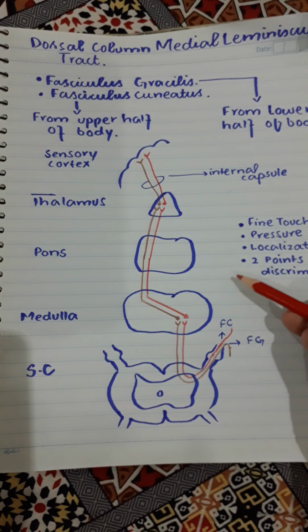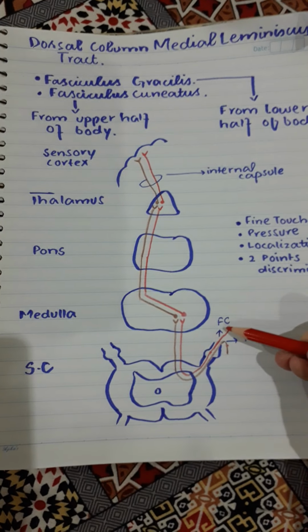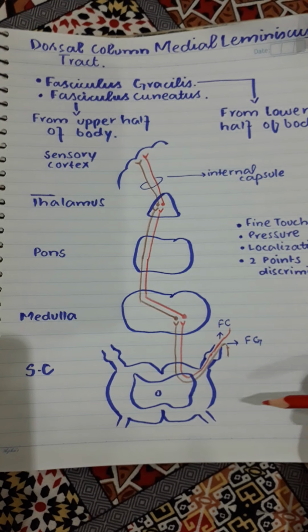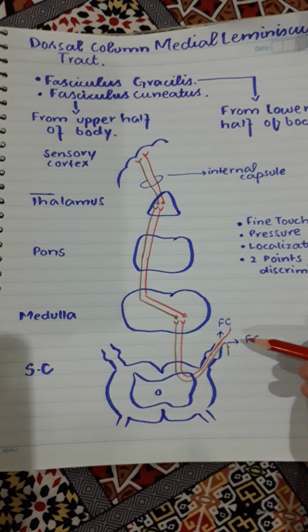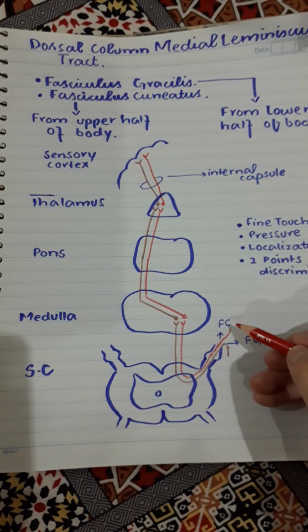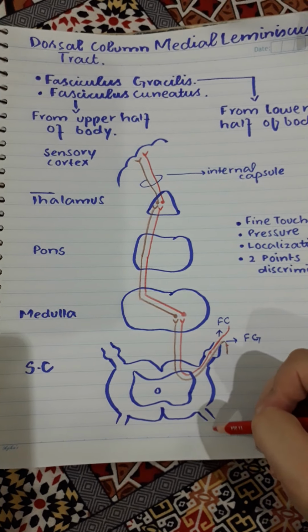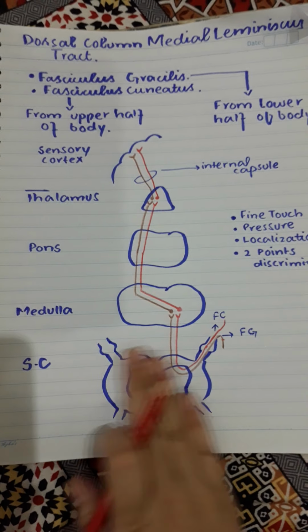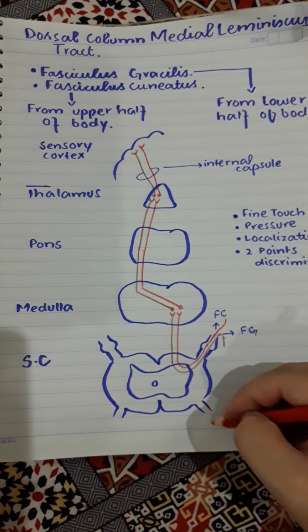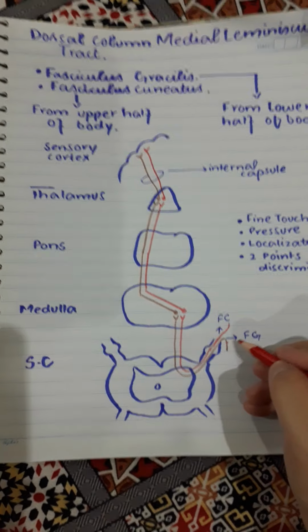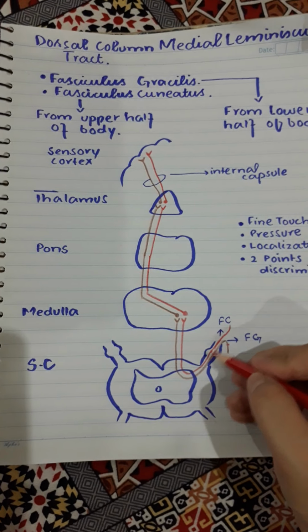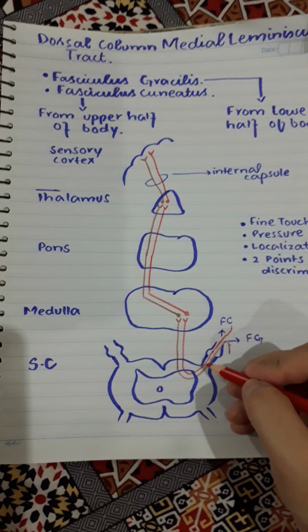So from the upper half of the body, fasciculus cuneatus fibers come, and from the lower half of the body, fasciculus gracilis fibers come. These fibers enter through the posterior root. As you know, this is the cross section of the spinal cord, this is the anterior root, and this is the posterior root.